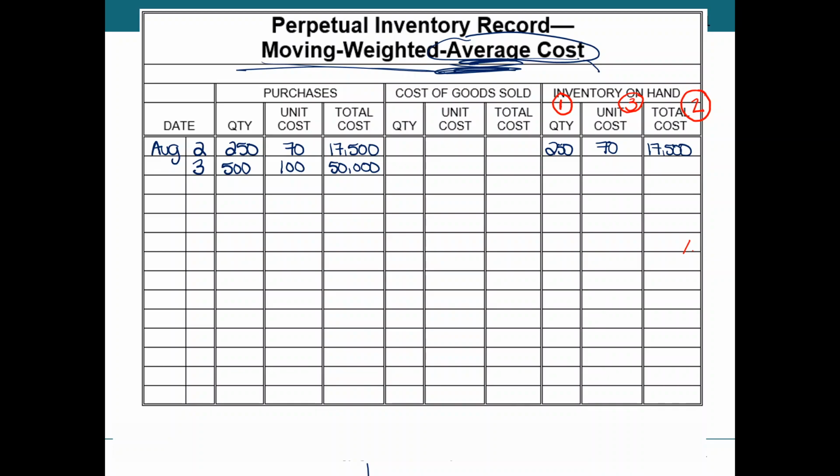So I'm going to label each of these just so I can point out how I'm getting the numbers. So this 250, I'm going to call that A. And then the 500 over here is B. So our two opening quantities, the opening what we had, and then the purchase.